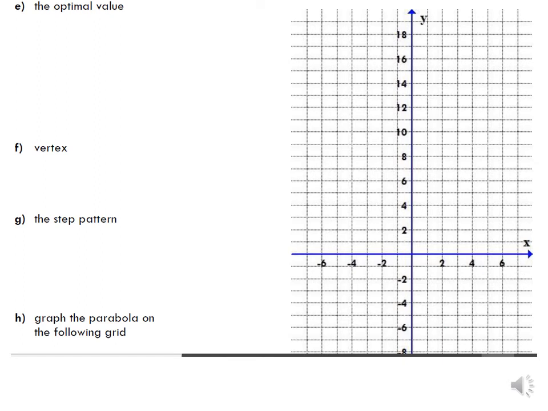The optimal value. So remember, the optimal value comes from your axis of symmetry. So we had as our equation, it doesn't matter which equation you pick.